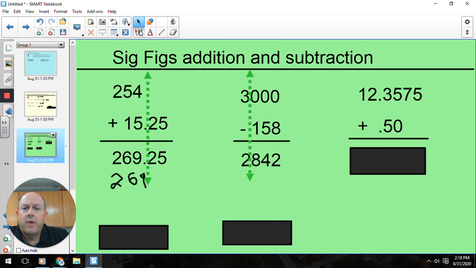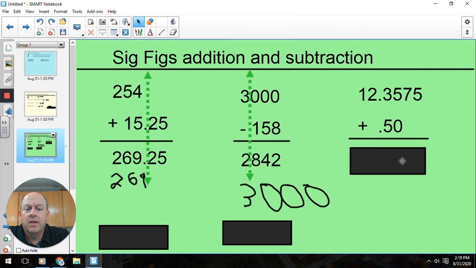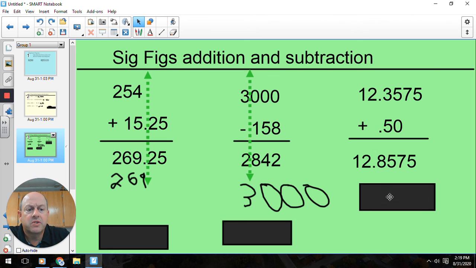As we're rounding, that 2,842 actually rounds back up. So our sig fig answer would be 3,000. We'd round that up, which seems weird. But that just tells us this is a really estimated answer. We don't have to put a lot of time and effort into the actual measurement of this volume or length or whatever it was.